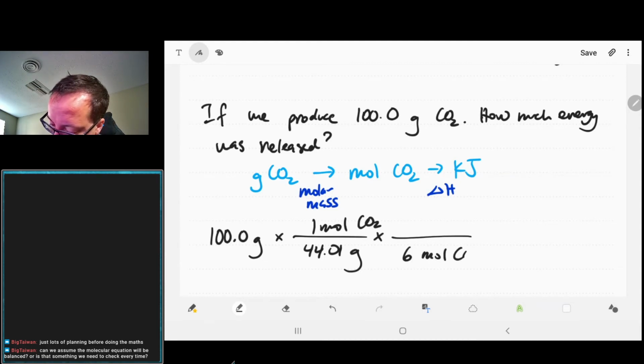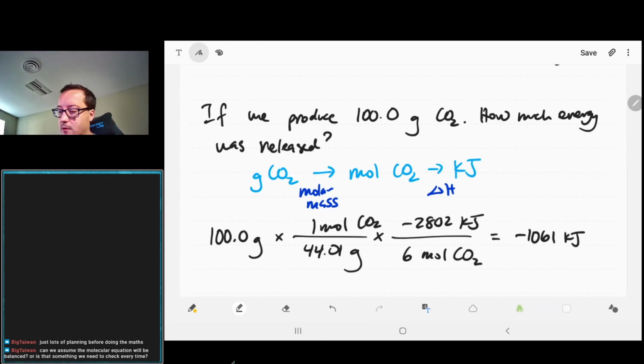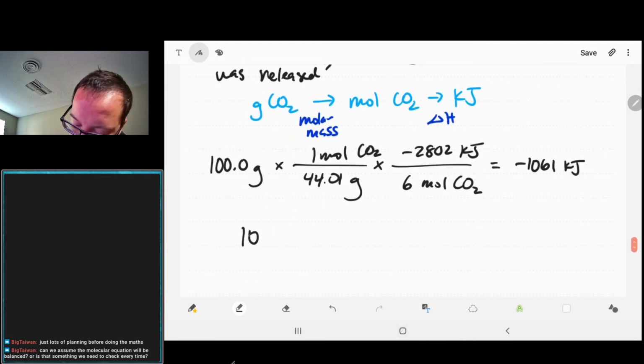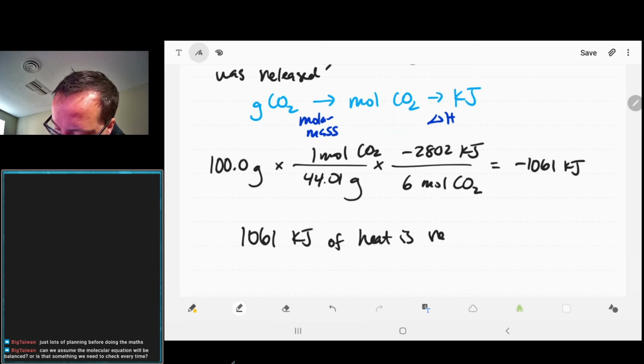Don't forget your reaction coefficients. Our reaction coefficient here is 6 for the reaction we're given. Okay, let's do the calculation. And we end up with negative 1061 kilojoules. And so we can say that much is released as we go through it.